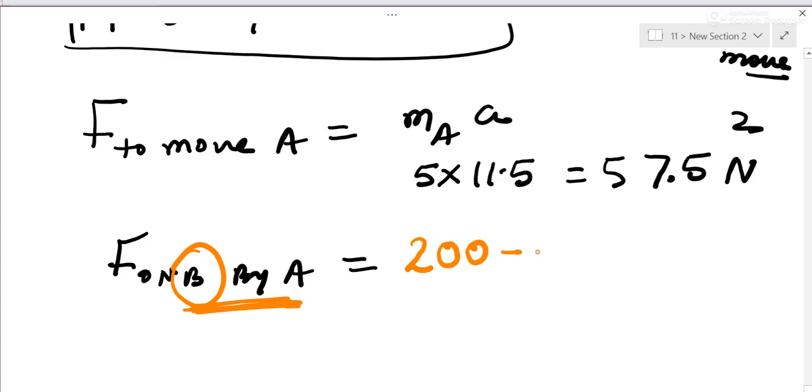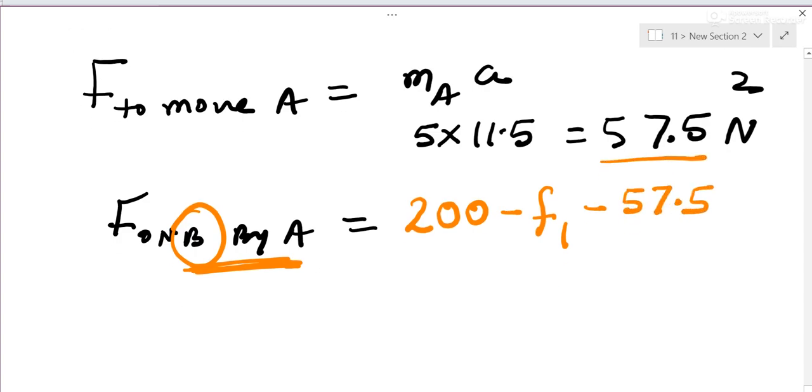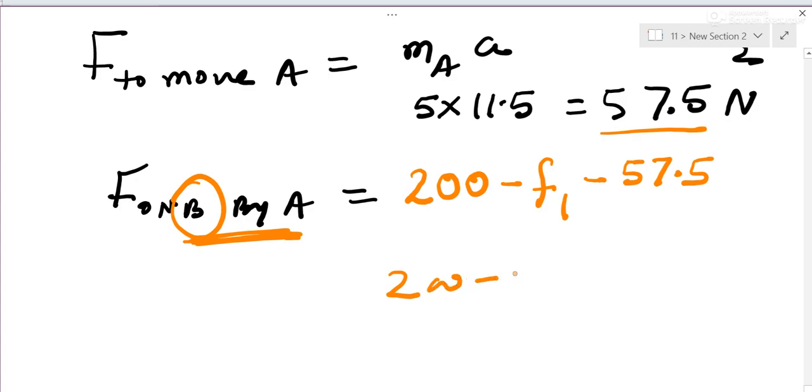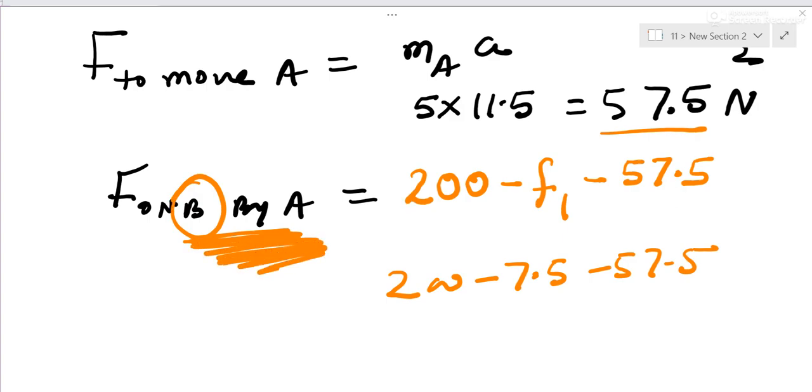We would subtract the frictional force of 1, which, if you remember, was 7.5, and then subtract how much is used in motion. This is the force on B by A, and the same will be the force on A by B. It will come approximately 133 point something.